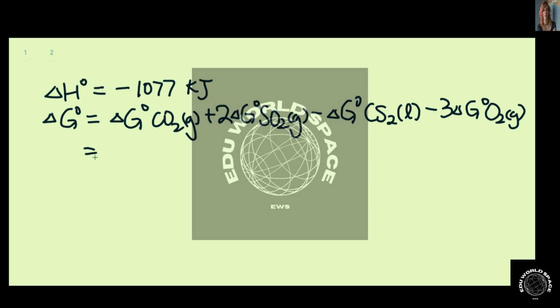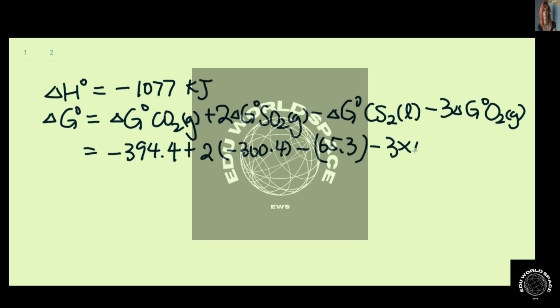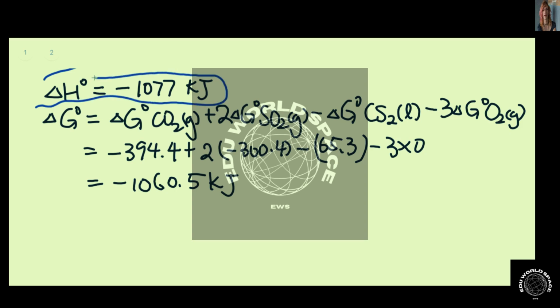This is equal to negative 394.4 plus 2 times negative 300.4, minus 65.3, minus 3 times 0, and that is equal to negative 106.5 kilojoules. So this is the delta H0 right here, and this is the delta G right here.